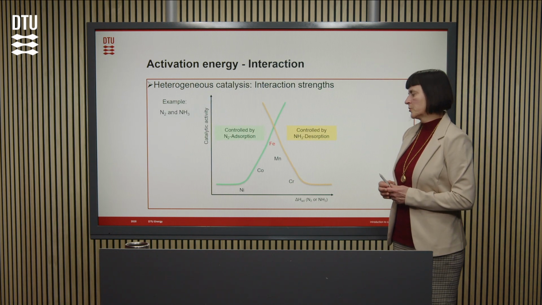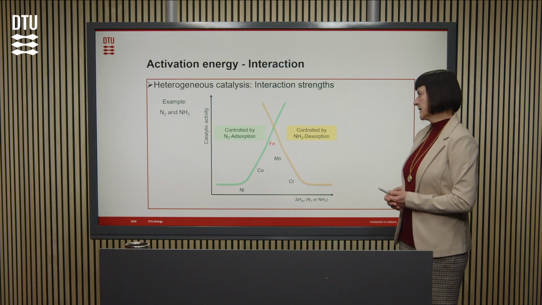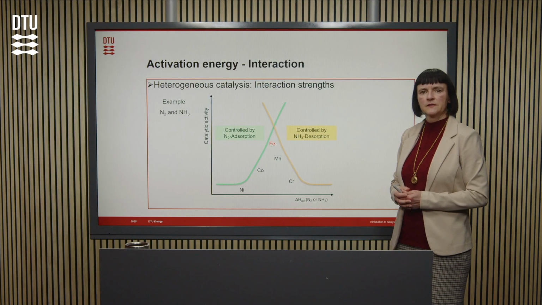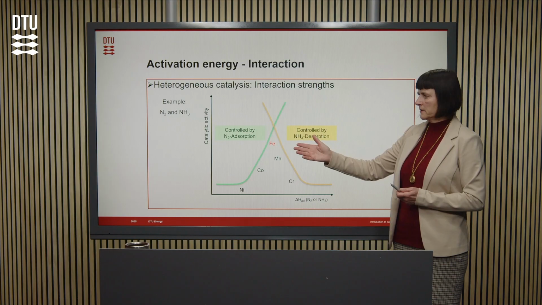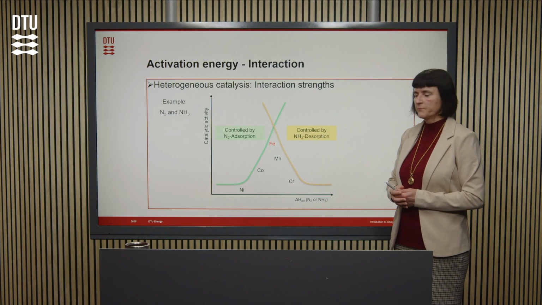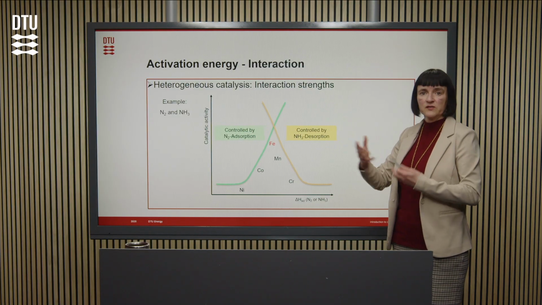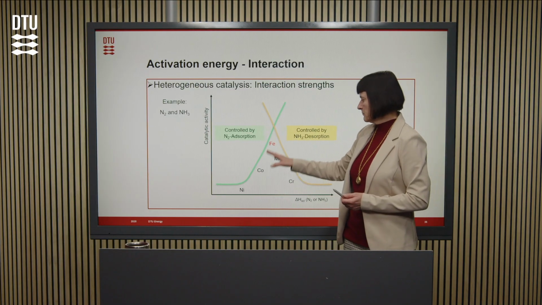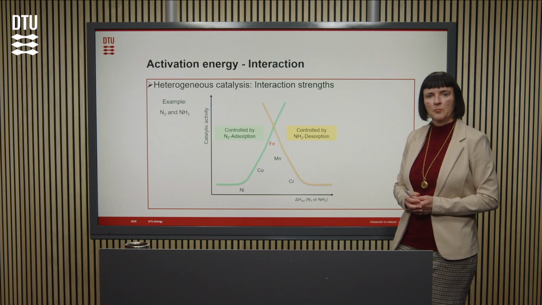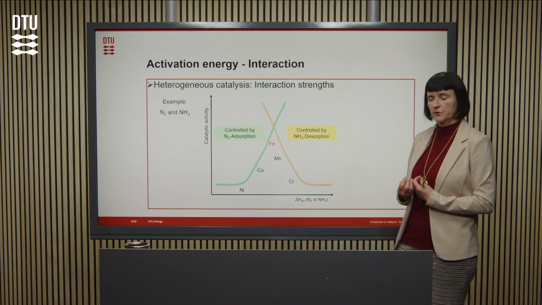This is a plot showing interaction of nitrogen with the surface and ammonia with the surface. And that is the illustration of ammonia synthesis, or reaction of nitrogen to ammonia. Nitrogen, as you all know, is very stable. It's in the air, so it is not reacting very easily. So if you then introduce these elements as an example, they have different interaction strengths with the nitrogen molecule.